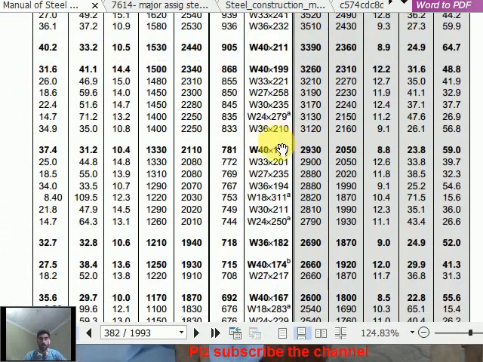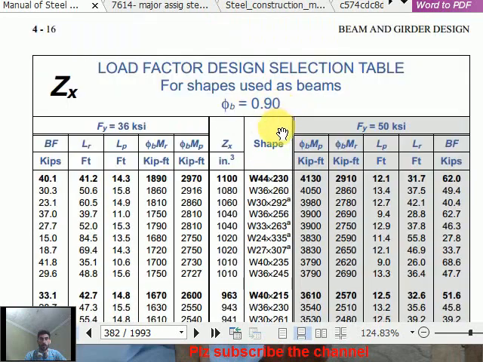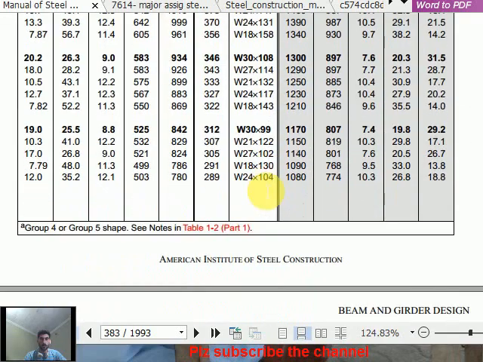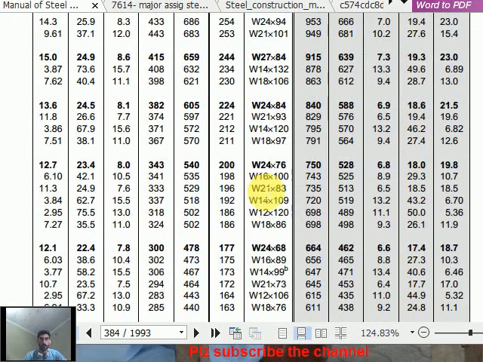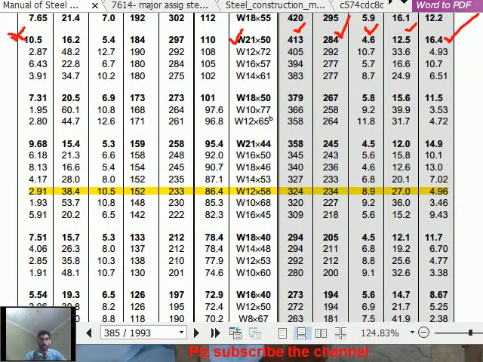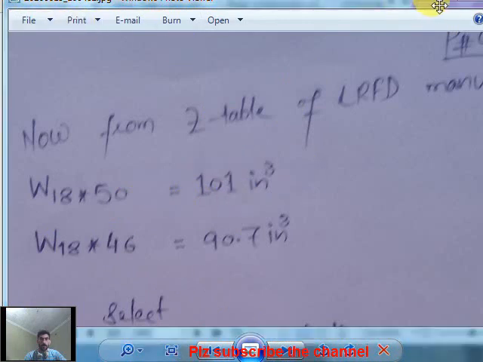Now remember this is 0.9. Clear? And I think we have 36 steel. So we have to choose what section, let me check it, W18 50. Clear? So from there we will confirm.